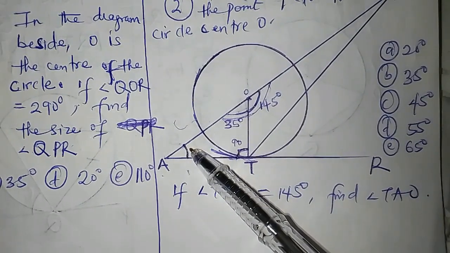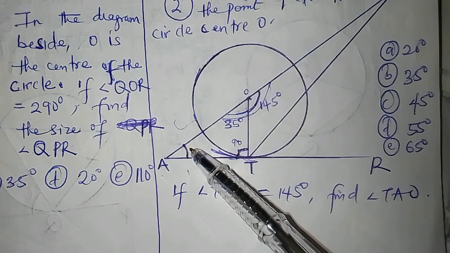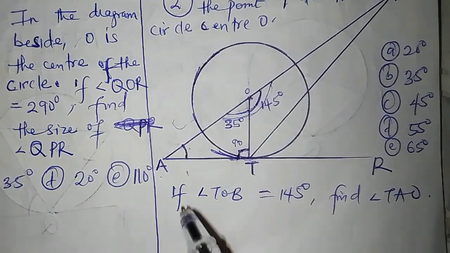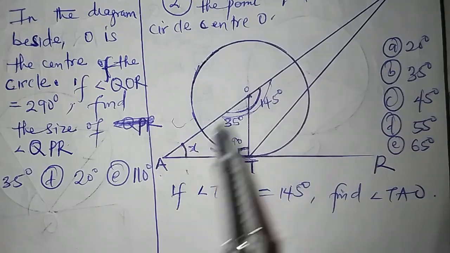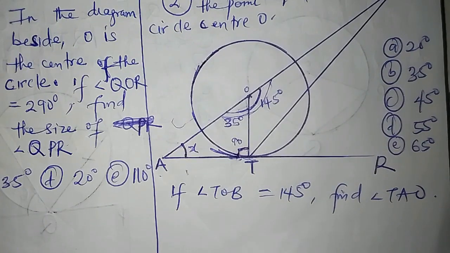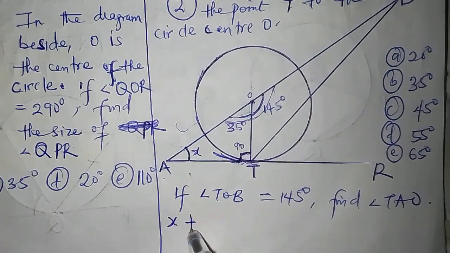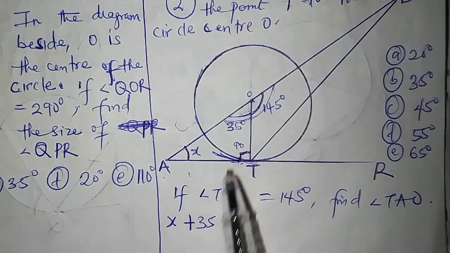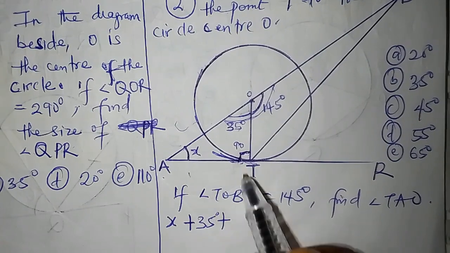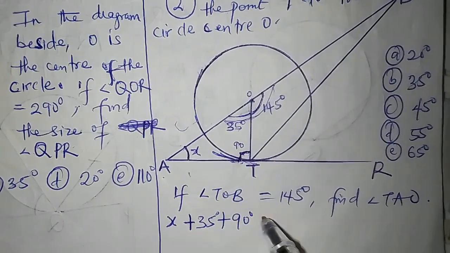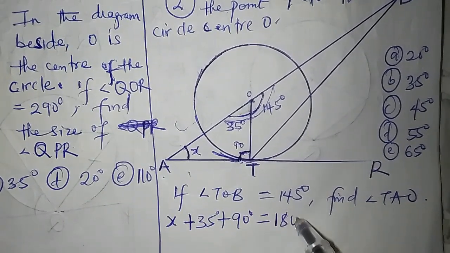So I can use the principle of the sum of angles in a triangle to calculate this. Let's call this X, which is angle TAO. By the principle of triangles, X plus 35, which is this one, plus 90 degrees is equal to 180 degrees.